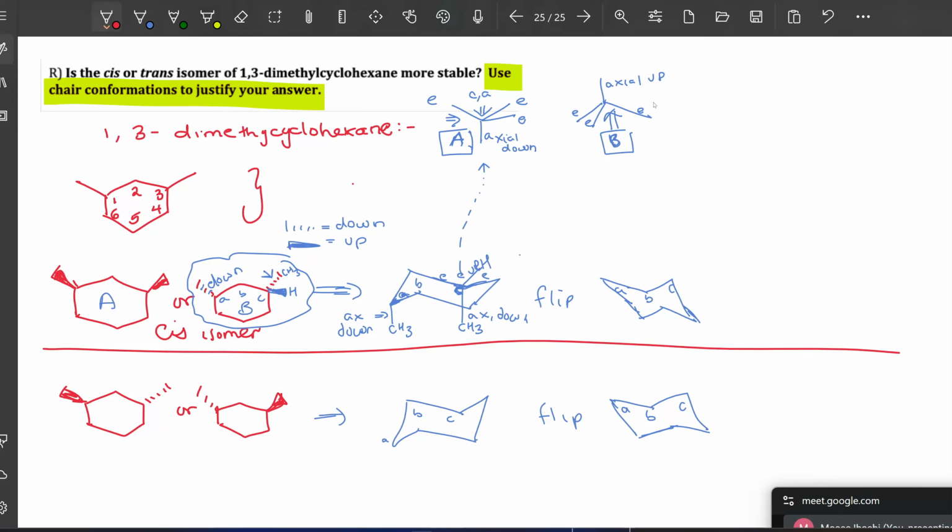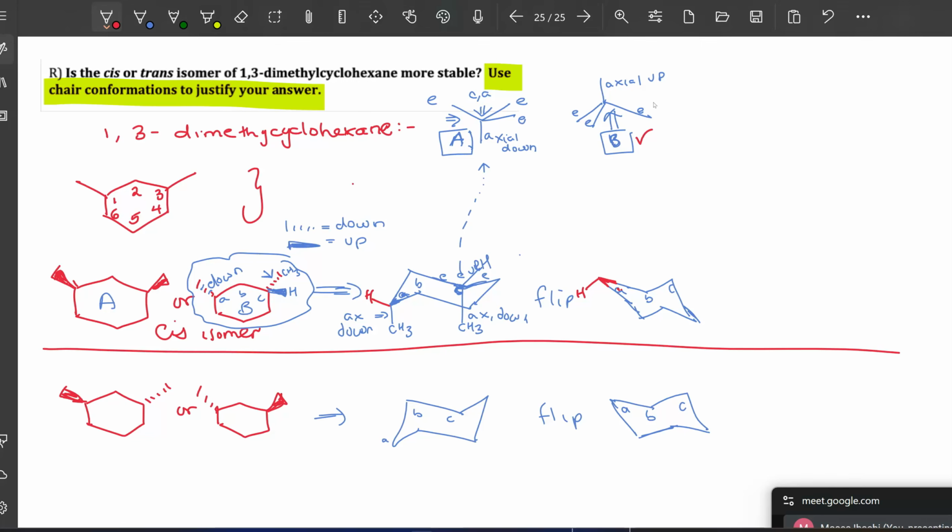Okay, now let me help you even better. Look at A here. So the carbon here is going up. So I'm looking at case B, right? There's a missing equatorial hydrogen here. The hydrogen here is going up, right?